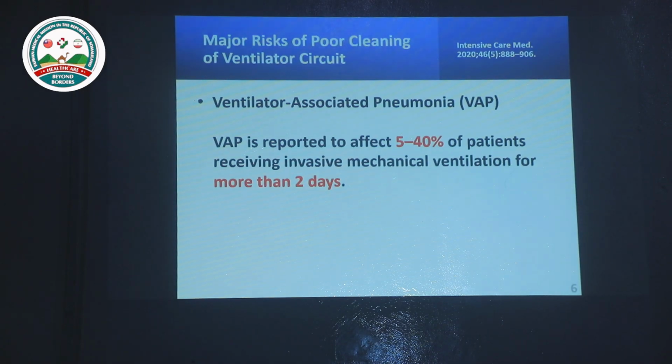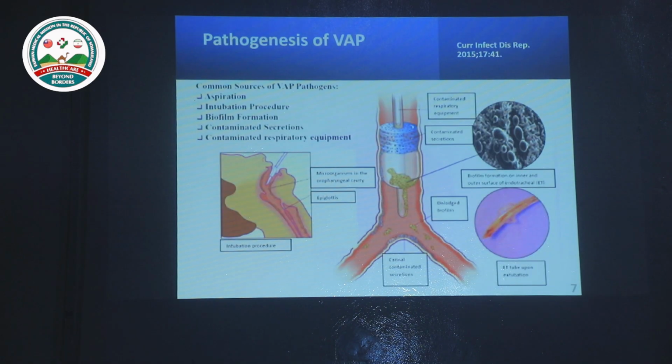But one thing is common: the patient uses invasive mechanical ventilation, especially endotracheal tube intubation or a tracheostomy tube, and develops new pneumonia after 2 days of invasive mechanical ventilation. If this happens, we need to consider VAP.